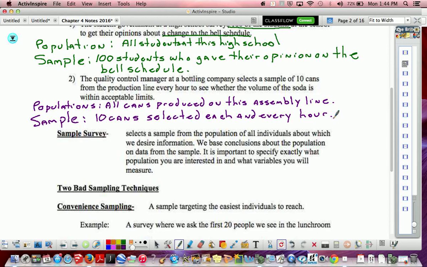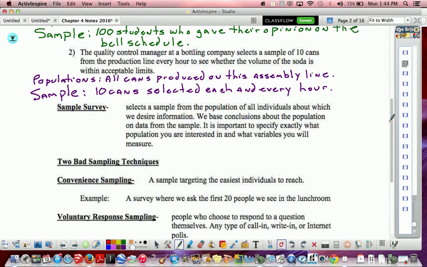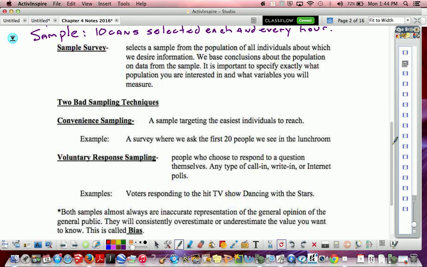Okay, all right, so now one of the things that we like to do is collect sample surveys. In sample surveys, we're going to select a sample from the population that we desire information about. We're going to use that information to draw conclusions about the population.